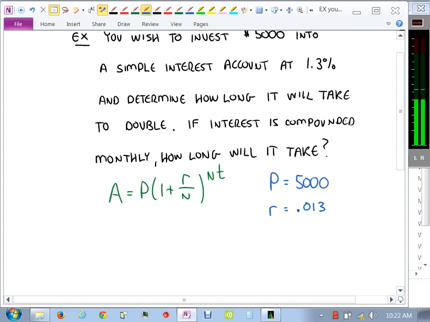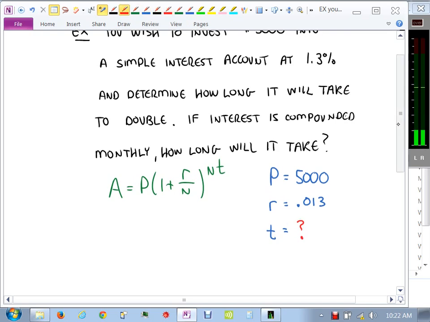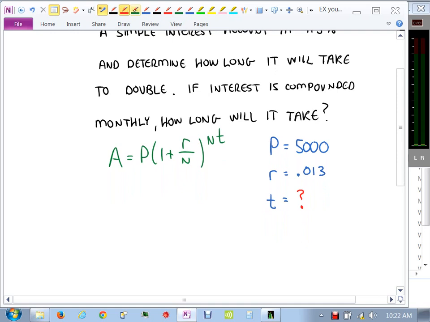That's 1.3%, moving the decimal 2 places to the left. Do we know t? No, but that's what we want to know, right? T's the question here. Do we know n? How many times it's compounded per year? What is it? Monthly? So 12 months in 1 year? Do we know A? How much do we want at the end of it all? 10,000.